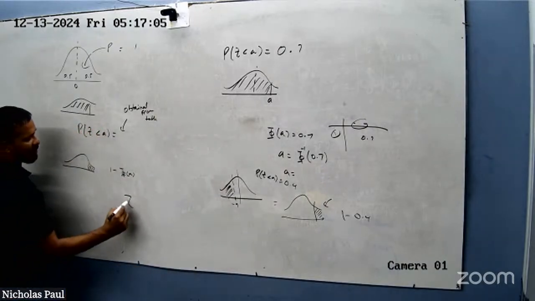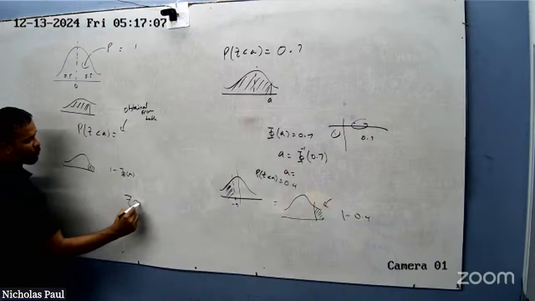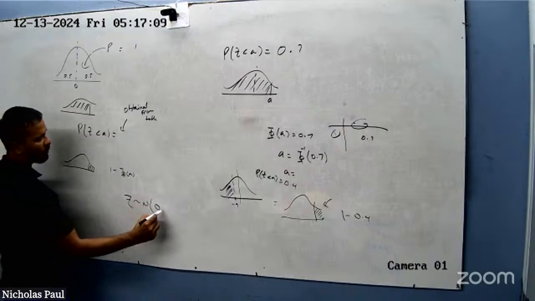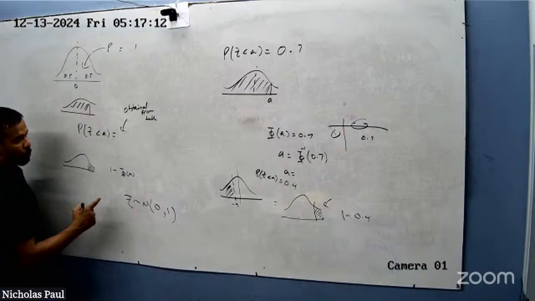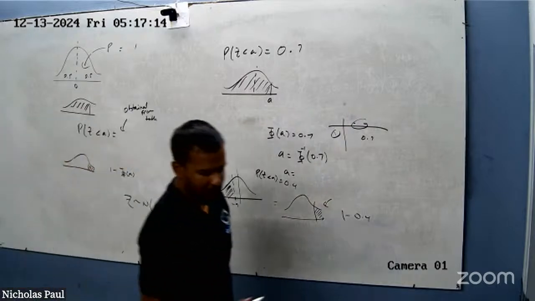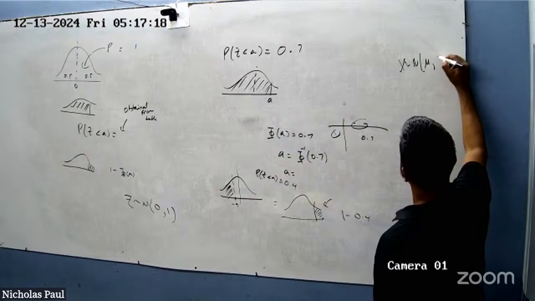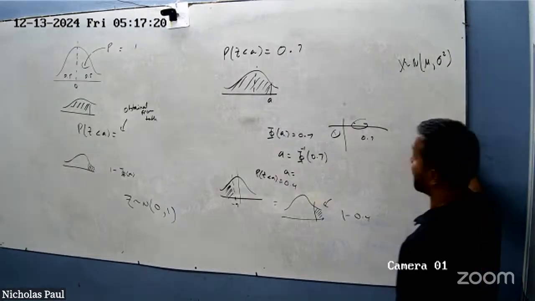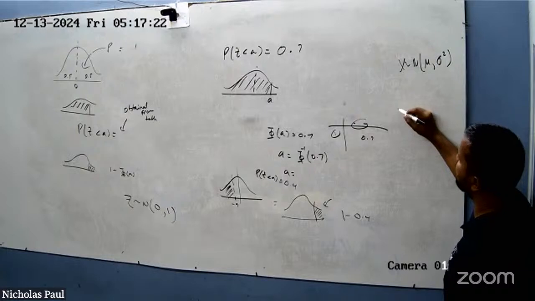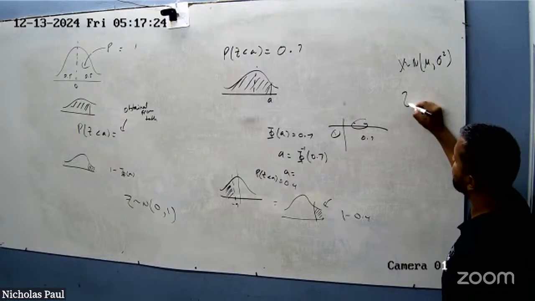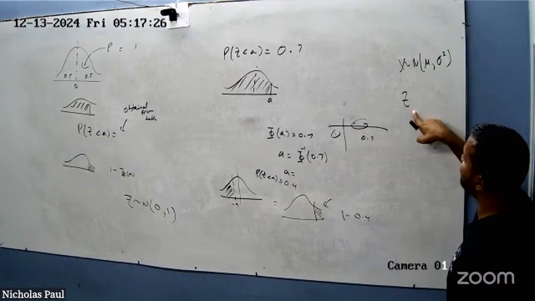This works if we have a standard normal, meaning a normal with mean 0, variance 1. But what happens when the distribution follows a normal with some mean and sigma squared? What you have to do is something called standardization. You have to standardize this and turn it into z.